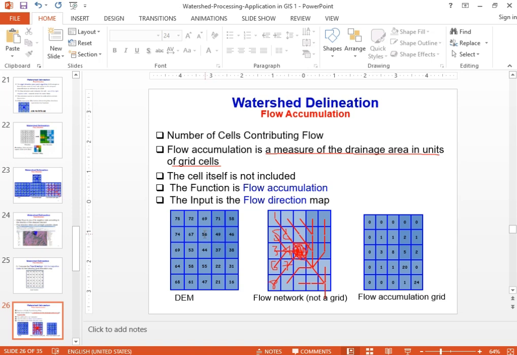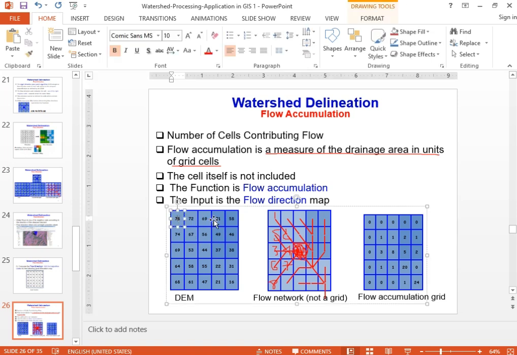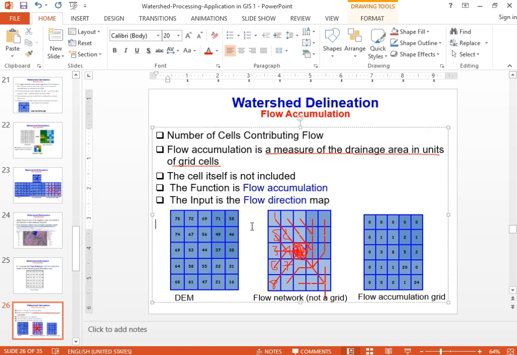For instance, for the surrounding cells at the top and at the left, there are no contributing cells toward this. Therefore, you should provide 0.